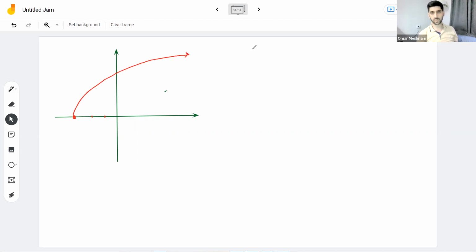Before I start, who knows what this equation is? This form, what is it? Who knows? What is this function? Logarithm.